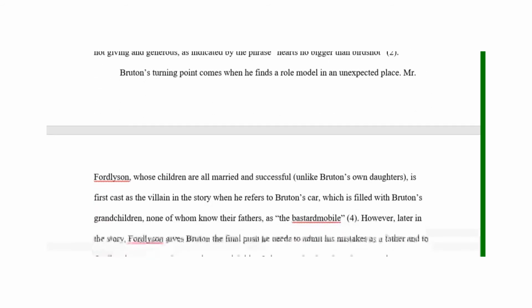So the next body paragraph, the topic sentence is, "Bruton's turning point comes when he finds a role model in an unexpected place." Okay, so we know now that this is tied to the thesis. We're still talking about role models here, but we're no longer talking about role models in school. We're talking about how he found a role model in an unexpected place.